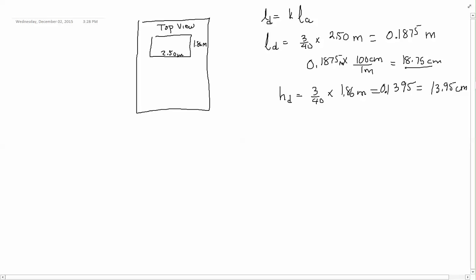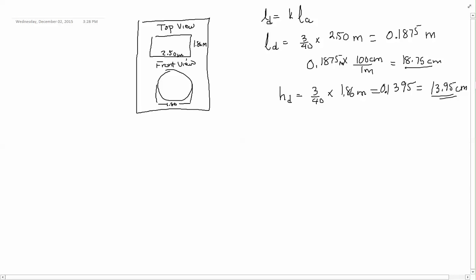Then we do our front view. We have our width, so this is 1.86. We already know how wide that has to be, 13.95 centimeters.